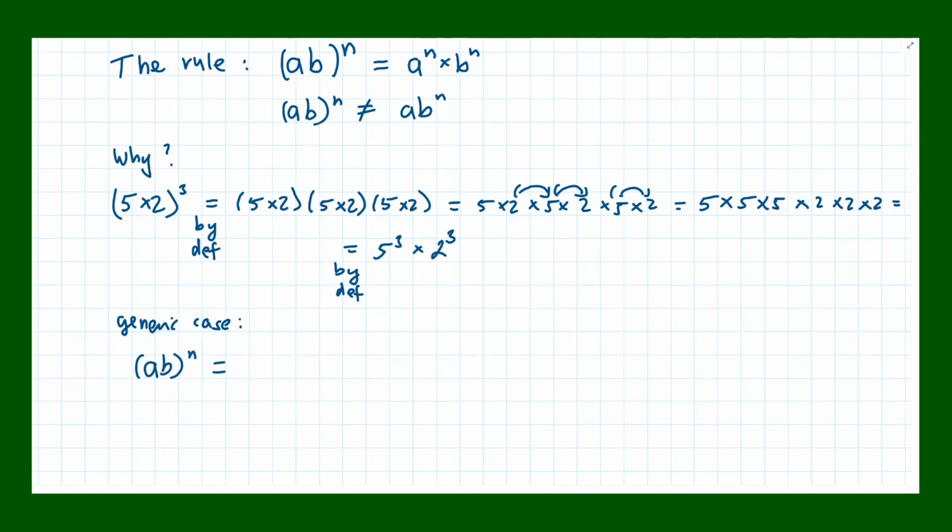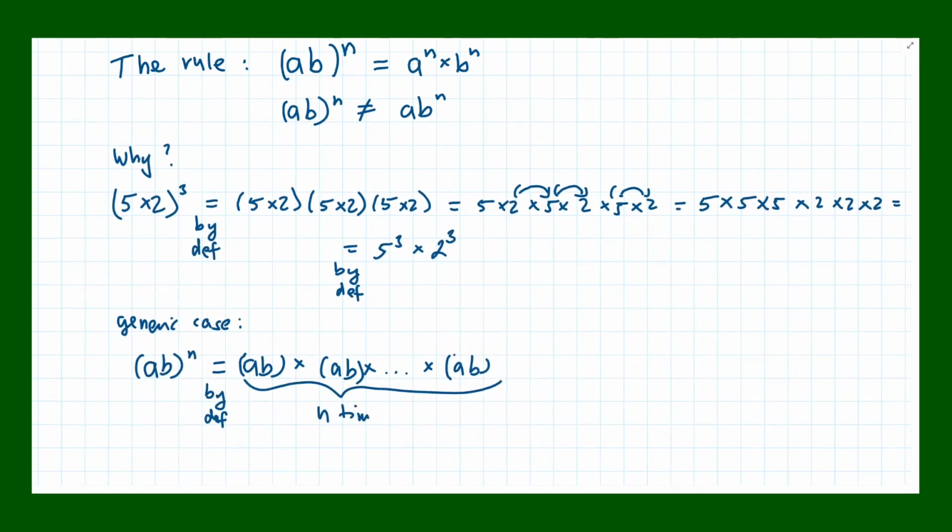Now again, we just use the definition. And this is just going to be ab times ab times ab, and again we have this n times.